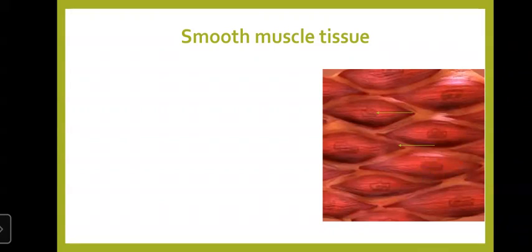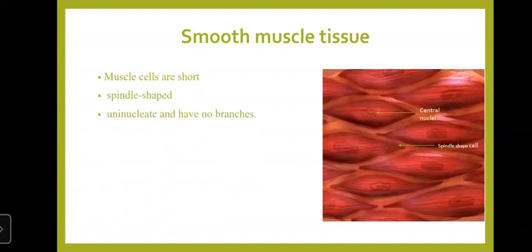In such case, it is known as uninucleated muscle fiber. So remember that smooth muscles are short, they are spindle shaped, they are uninucleated, they do not have branches. So they are unbranched.